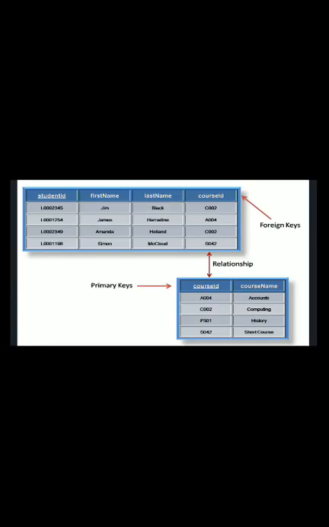Student ID, first name, last name, course ID. This is my main table, or the parent table. Then the second table has course ID, which is taken from the main table, and course name. Sorry, this is the main table: course ID and course name.